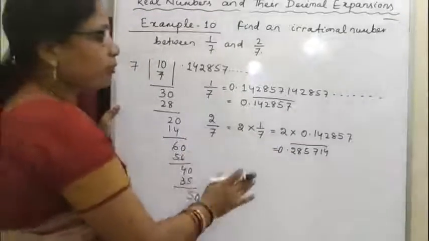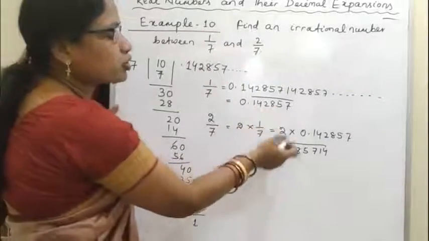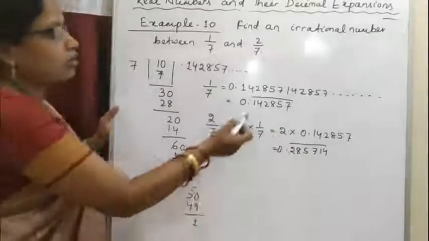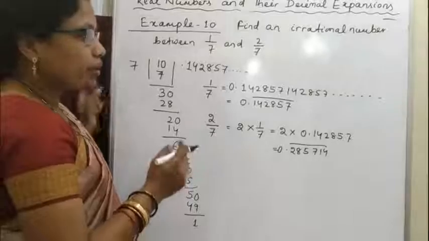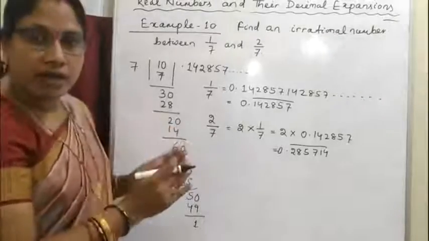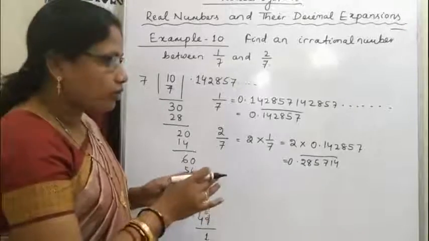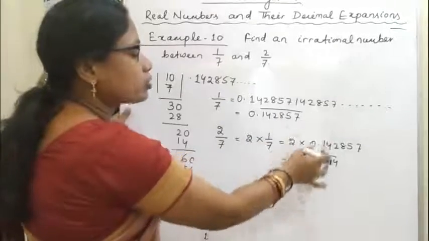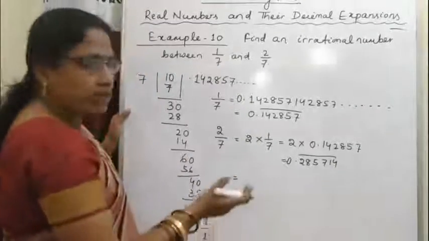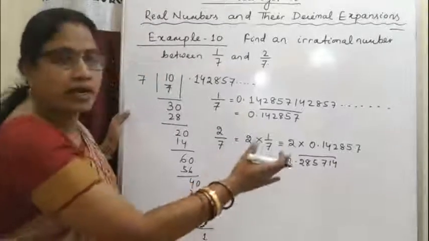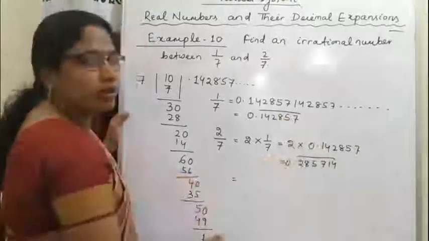So we have to find an irrational number in between these two rational numbers, or in between these two decimal numbers. We have to find a decimal number which is non-terminating and not recurring, but in between these two decimal numbers. So as you wish, you can write any number. There are infinitely many irrational numbers in between these two rational numbers.